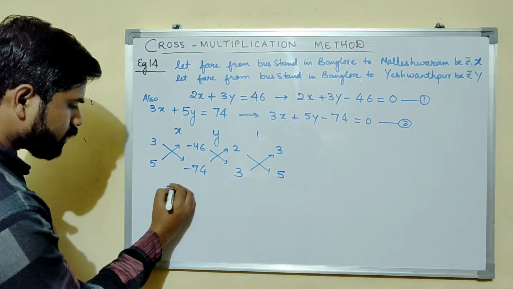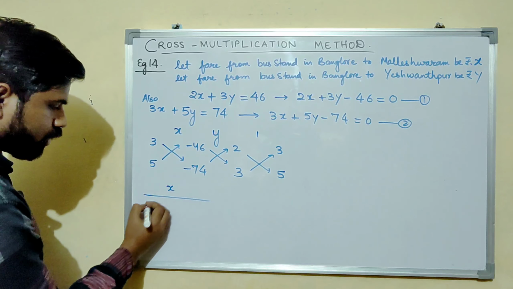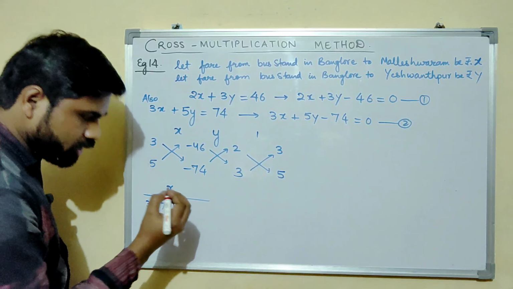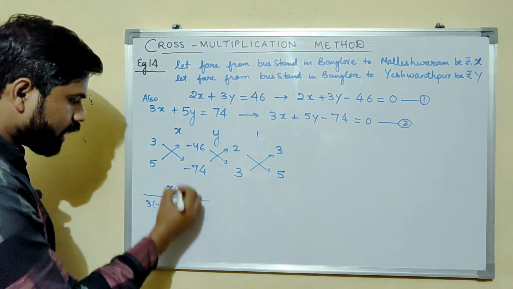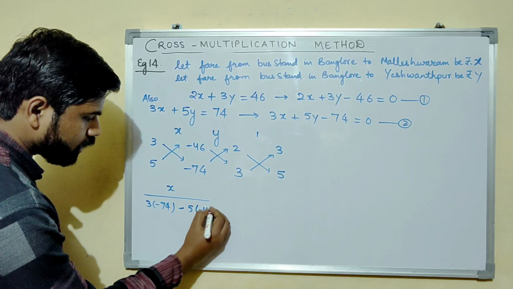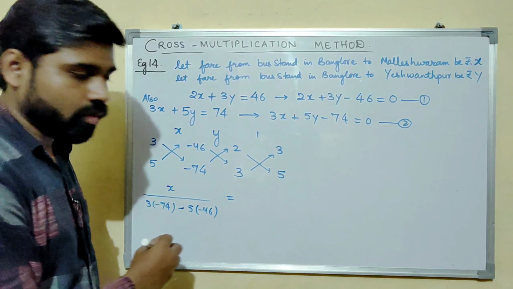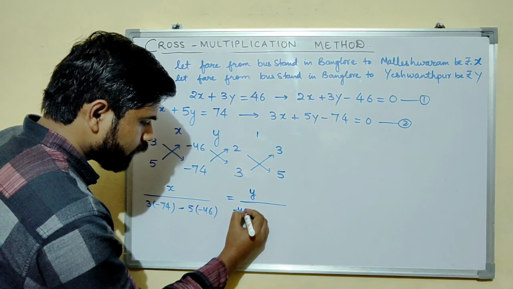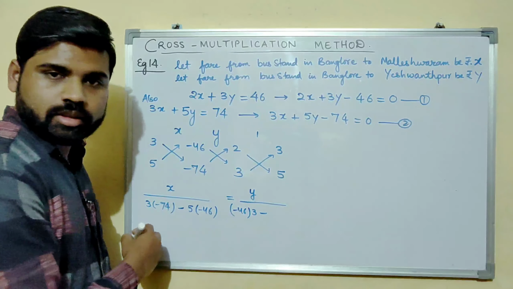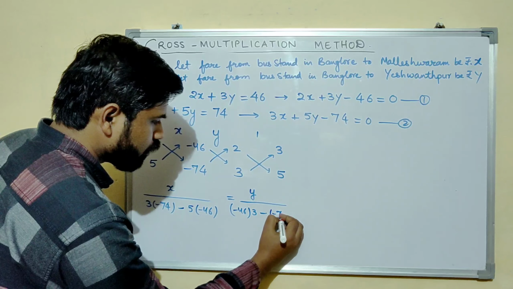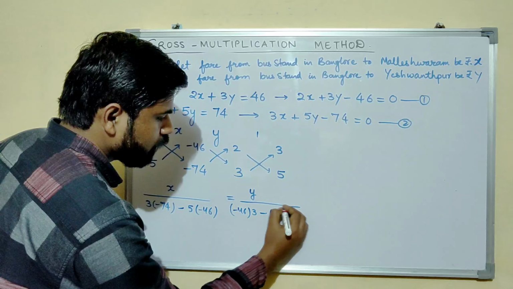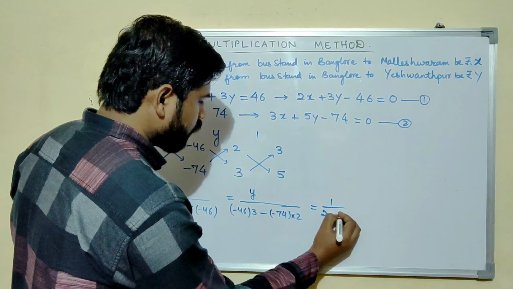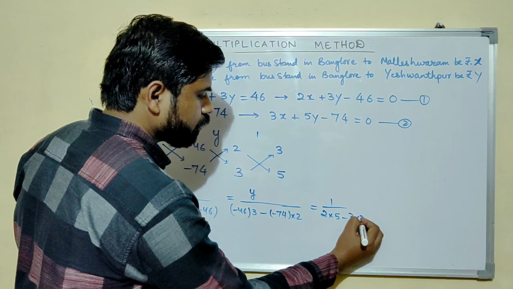So x upon 3 into minus 74, then minus, according to the formula, 5 into minus 46, equals y upon minus 46 into 3 minus 74 into 2, equals 1 upon 2 into 5 minus 3 into 3.